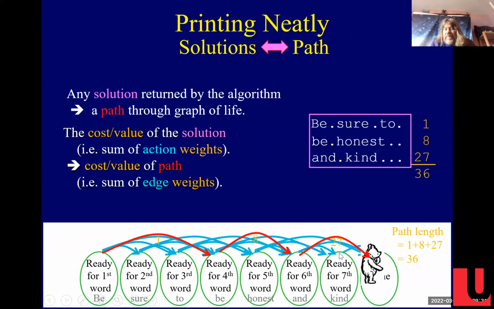For every path through this, there's going to be a possible printing, a possible solution, and the sum of the edge weights along that path will be the cost of that solution.